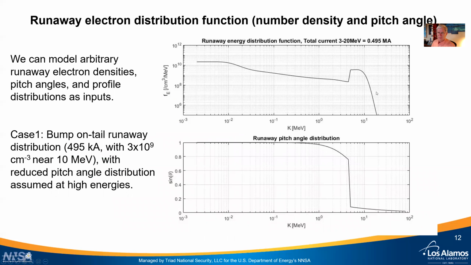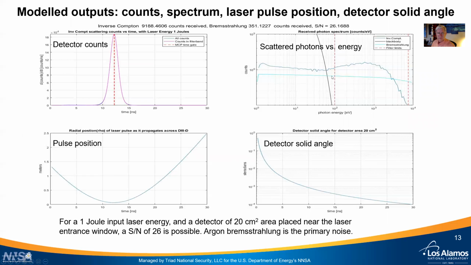So here's our mock-up distribution between 10 to the 8 and 10 to the 9, a few 10 to the 9, bump on the tail, a pitch angle that's sharply reduced at high energies, and correspondingly with half an MeV of runaways here for the profile we assume, and we can also vary that.